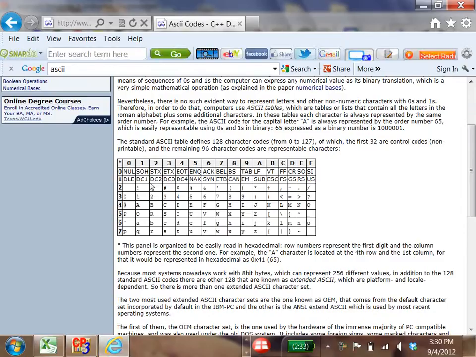So here's what this means. Coming down here, this is the first hexadecimal digit, and across here is the second hexadecimal digit. So if we want to store, say, a capital A right here, it's hexadecimal 4, 1.